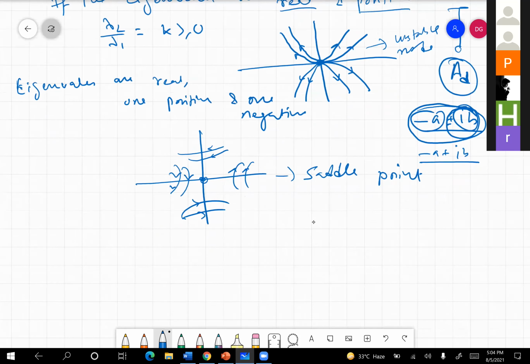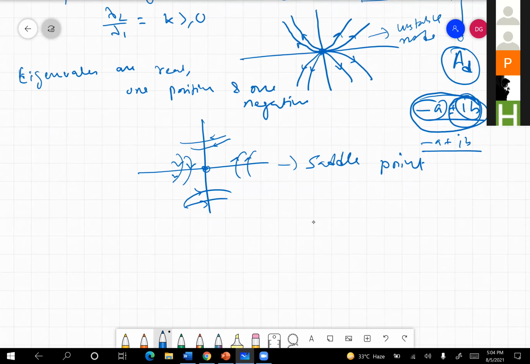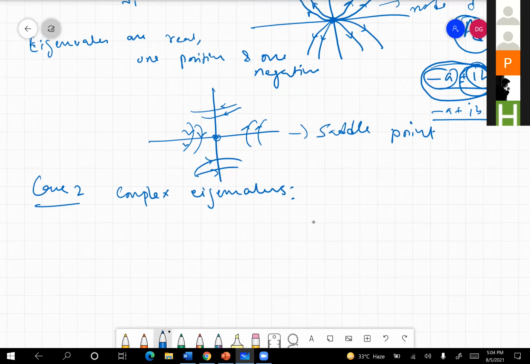Now we'll consider eigenvalues that are complex. Case 2: complex eigenvalues. This is very, very important because this is more suitable for the system we are considering, the pendulum system. The first case is if the eigenvalues are complex with negative real part.